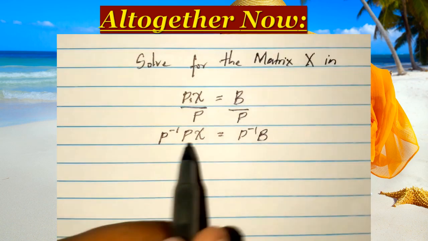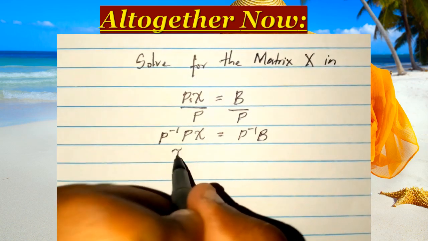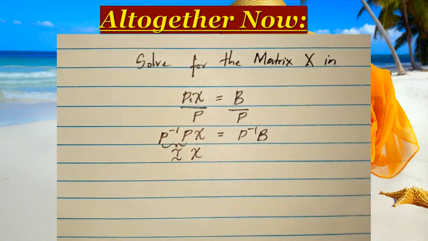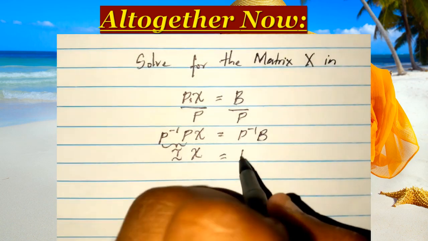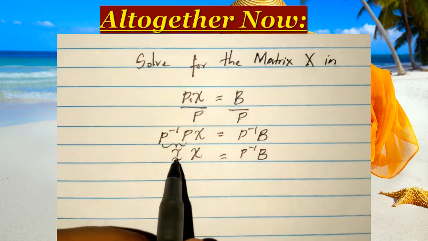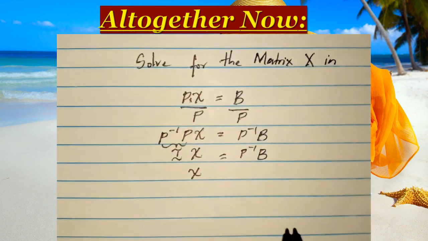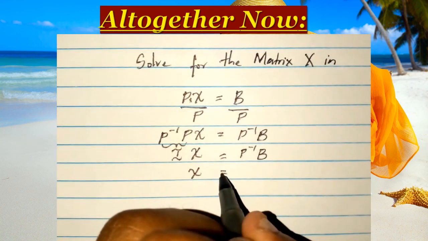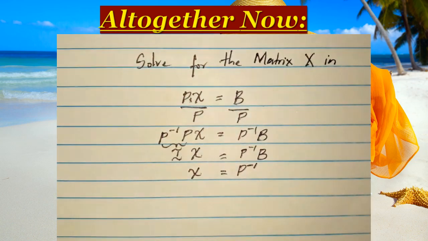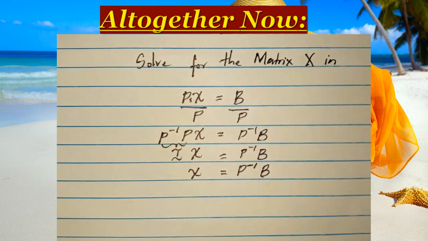Hack number 2 comes in. P inverse times P gives us the identity matrix, and I'm multiplying that by the matrix X. I'm just keeping whatever is on this side because nothing really changes over here. The identity matrix times the matrix X will just give us the matrix X. So the matrix X is calculated by finding the inverse of matrix P and multiplying it by the matrix B. That's all.